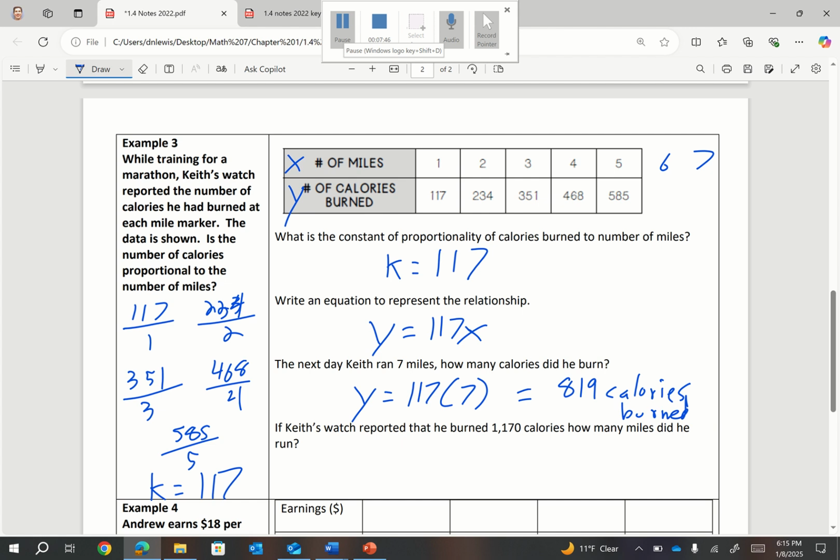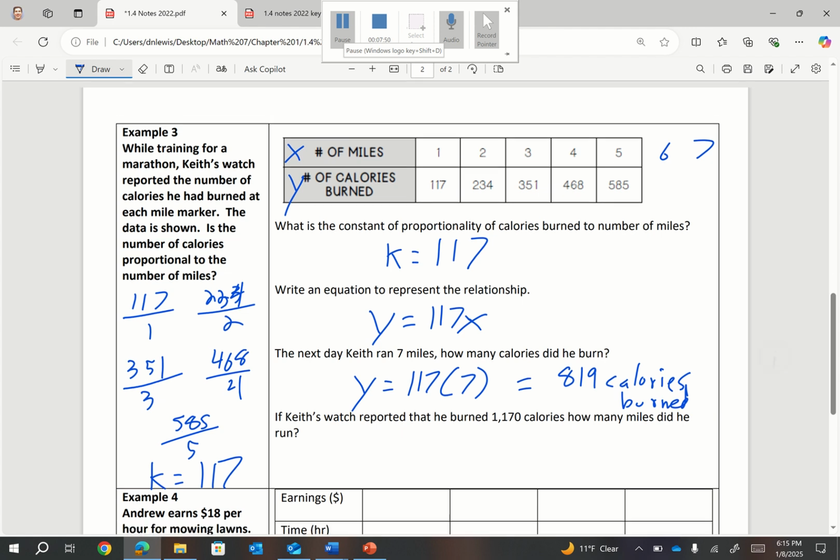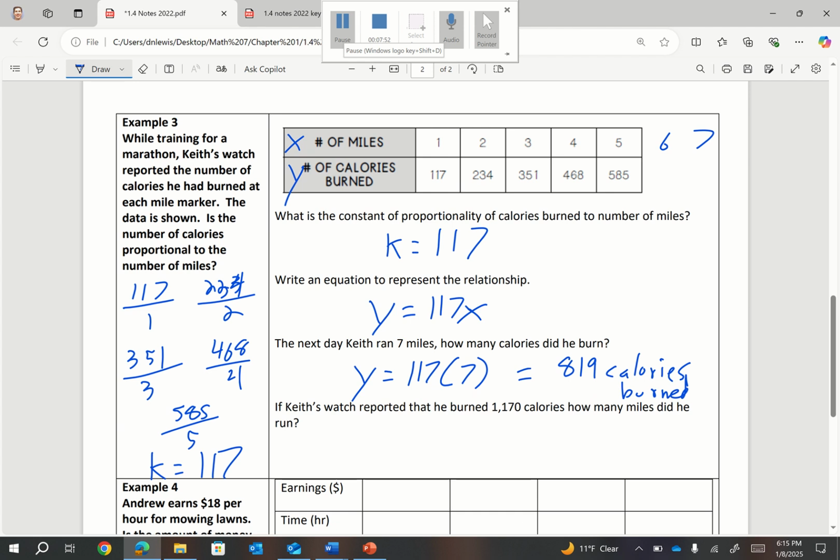If Keith's watch reported that he burned 1,170 calories, how many miles did he run? Okay, now we've been given a y value. If we look up at our table, we'd see calories in the y row. So we've been given this y value of 1,170 equals 117 times x.